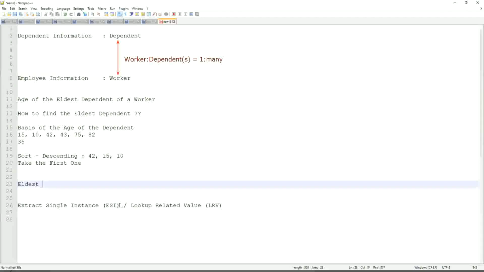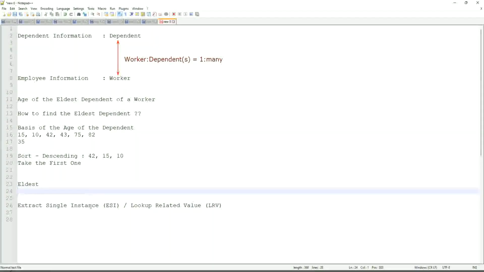We do not only leave with ESI. Once we extract the ESI, we use it to get some value. That's the LRV. Like here, we are going to get the age of the eldest dependent. Eldest dependent will be returned by the ESI. Right, and the age of that eldest dependent will be an LRV.